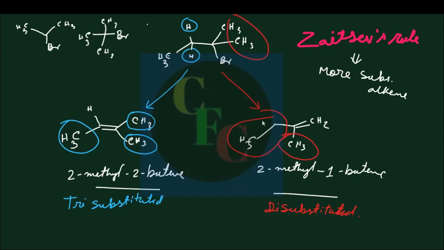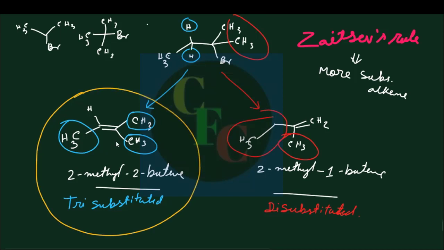According to Zaitsev's rule, this one will be the major product. So Zaitsev's rule says that the most substituted alkene will be the major product whenever there is possibility of formation of more than one type of alkene.